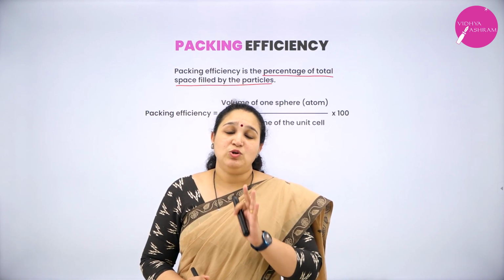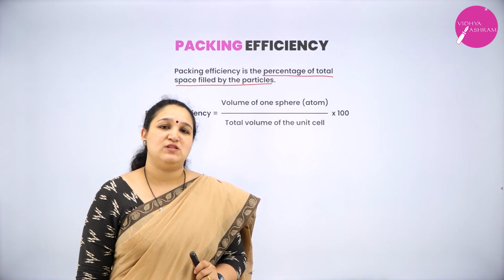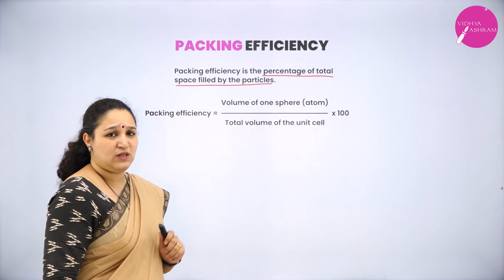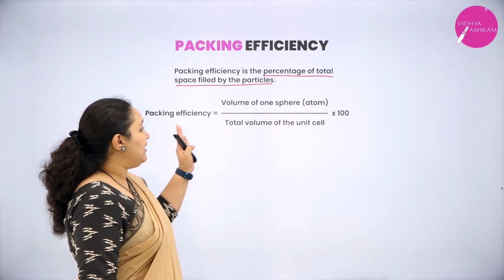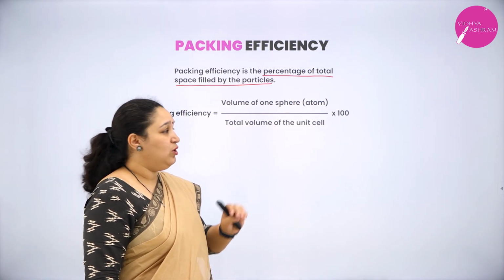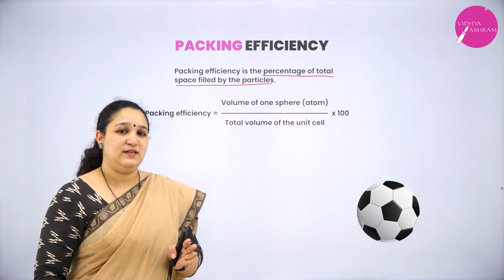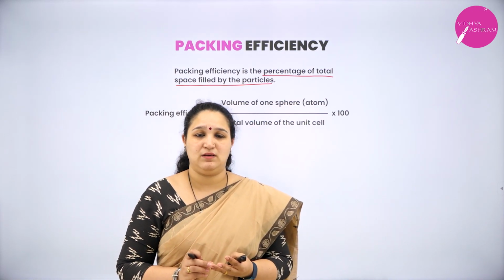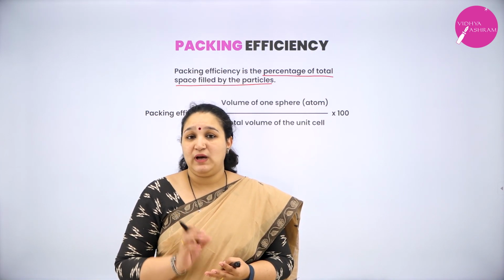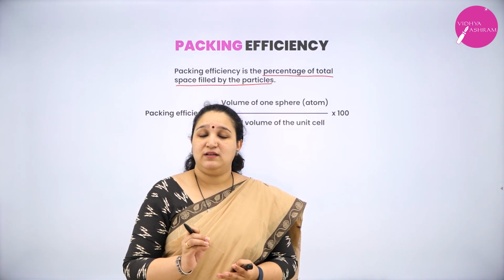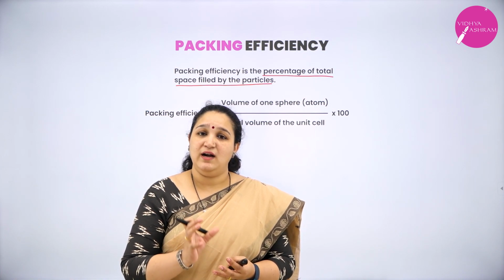Now, how to calculate this packing efficiency? We are using the formula: packing efficiency is equal to volume of one sphere, or it is atom or particle. Why sphere? We are considering every atom or particle to be a hard sphere.